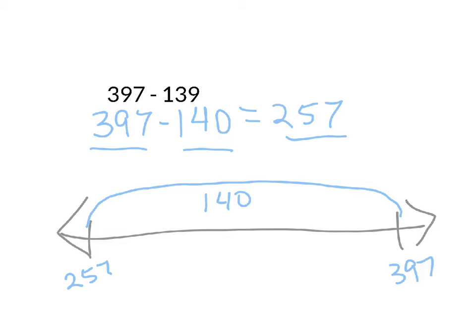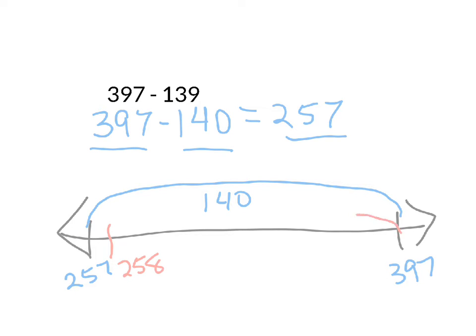But look at the original problem. In the original problem, how many were we supposed to go back? 139. We've gone back 140, so we've actually gone back one too many. So we need to bump ourselves forward one number. If we move forward one number, where are we at? We're at 258.